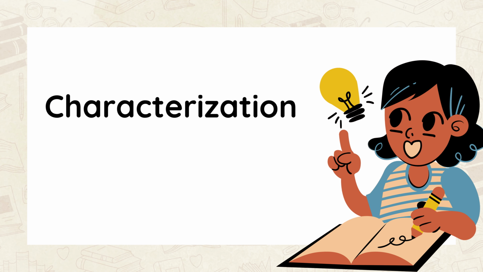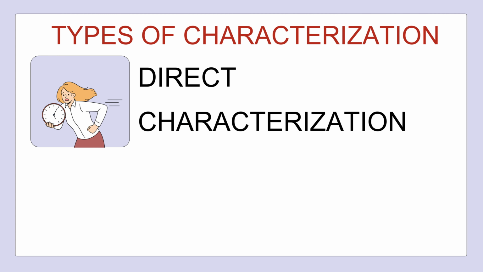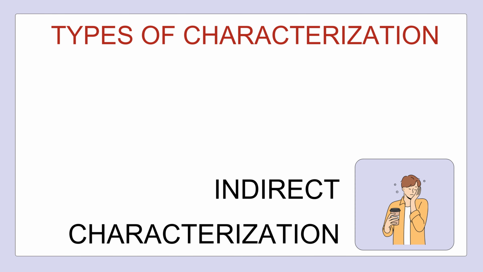Characterization is the way the author shows what a character is like. And it has two types. We have direct characterization and indirect characterization.